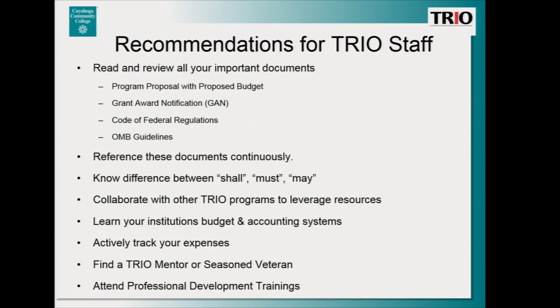So go back and, where possible, review your program proposal, a proposed budget, the grant award notification, or GAN, and other OMB guidelines. Reference these documents continuously and learn and know the difference between words like shall, must, and may, because they definitely mean different things when it comes to reading through your Code of Federal Regulations.